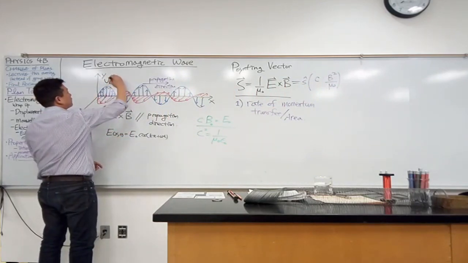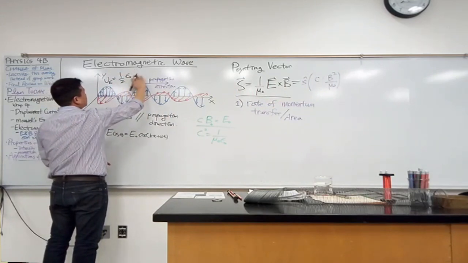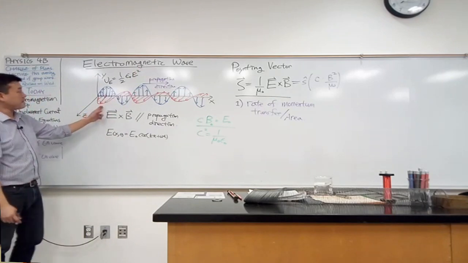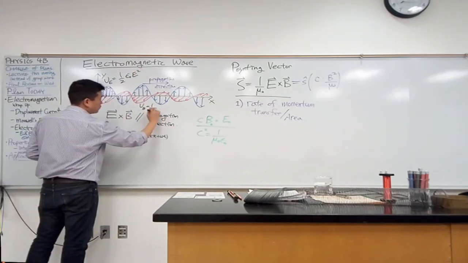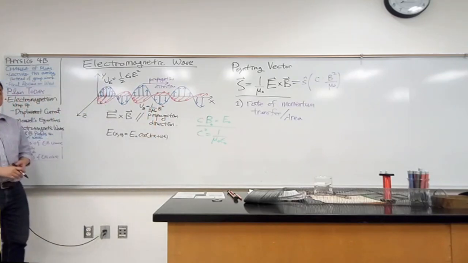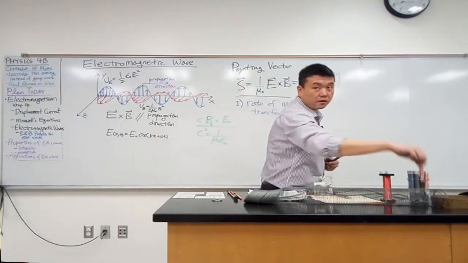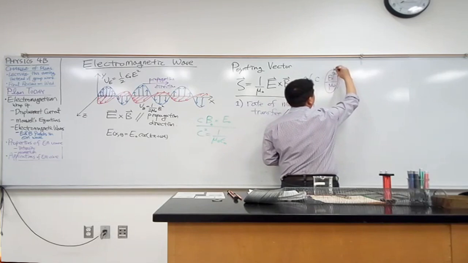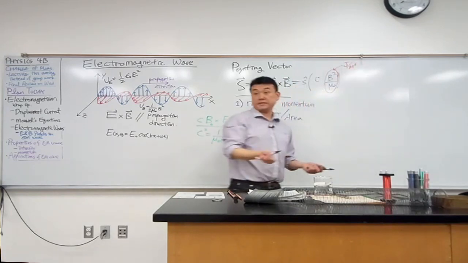Energy density in electric field is 1/2 epsilon naught electric field squared. Energy density in magnetic field is 1/2 mu naught magnetic field squared. So from that alone, what that tells you is that this particular combination must have units of joules per cubic meter, energy density.